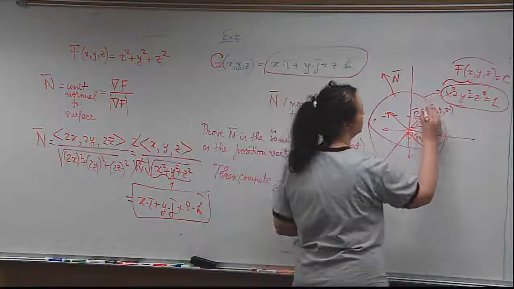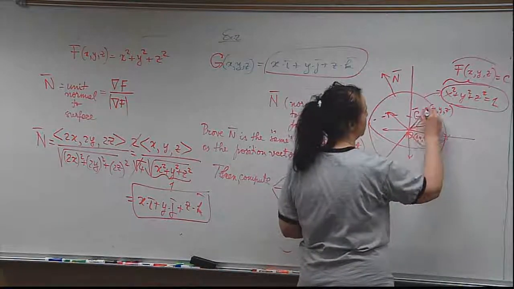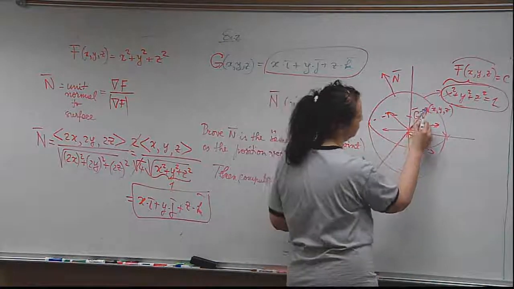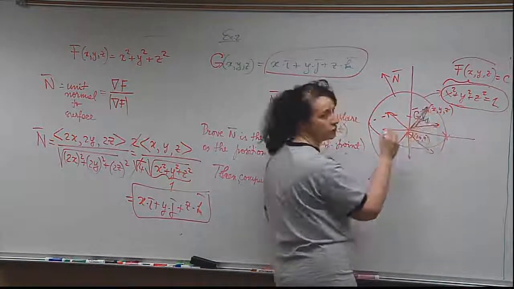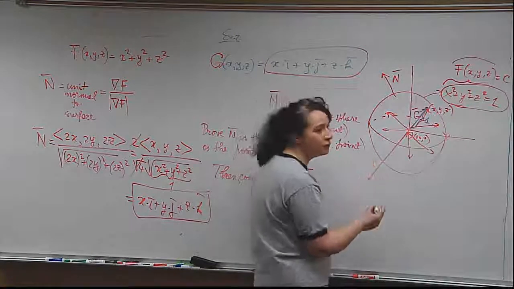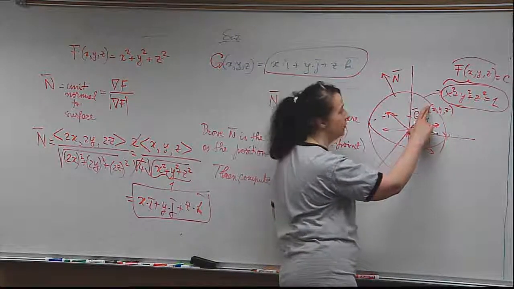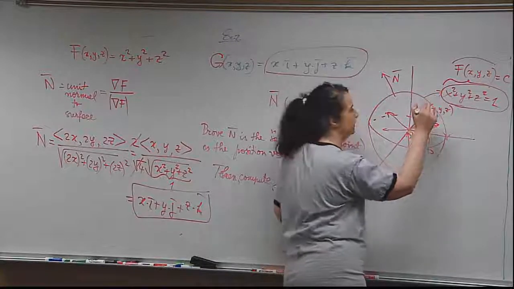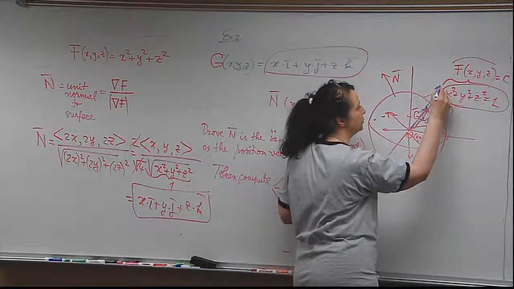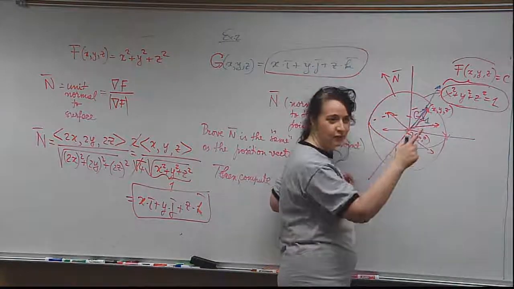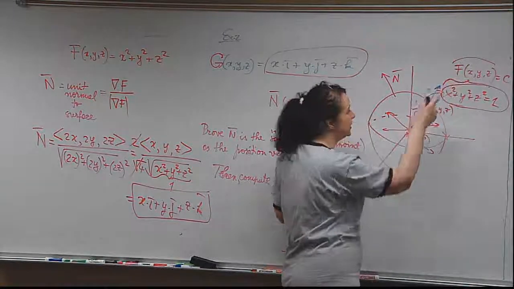Well, you were supposed to expect this, because this is the position vector and has what length? The length of the blue vector is 1, and the point is on the sphere. The normal will be exactly the continuation. Take your blue vector and continue in the same direction. That's the beauty of the normal to a surface, that it continues the radius of the sphere in the same direction.